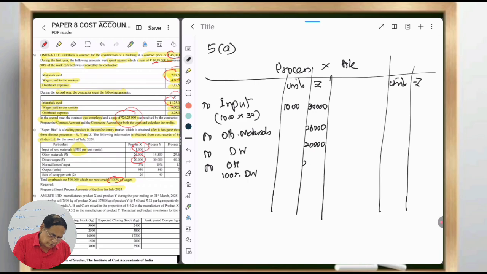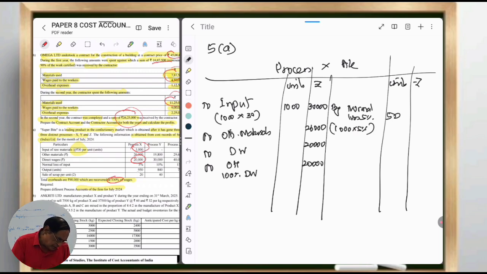The same 20,000 will be the other overheads. Normal loss 5%, 5% of 1000. So 1000 into 5%, that is 50.